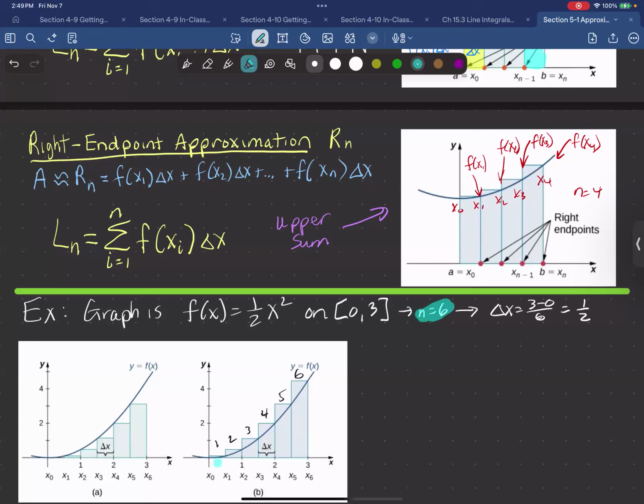So if we want to find out the width of each rectangle, we do the end value minus the starting value and divide by n. And so what that's telling us here is that the width of each rectangle is 1/2 wide.